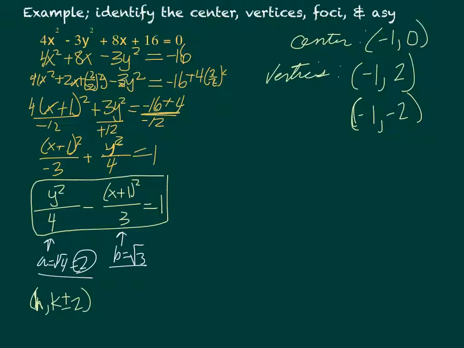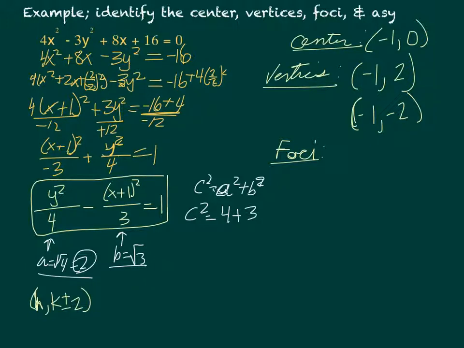And next is the focus points. So my focus points match up with my C. Well, I don't know my C. I need to find that first. I know C squared equals A squared plus B squared. And I know A and B. So C squared equals A squared, which is 4, plus B squared, which is 3.